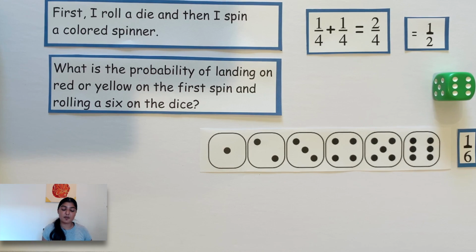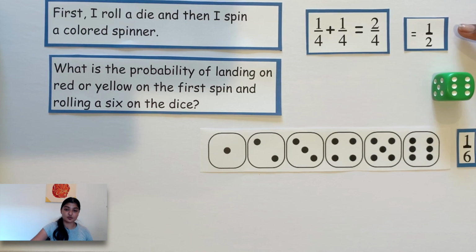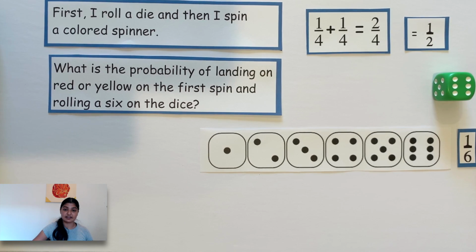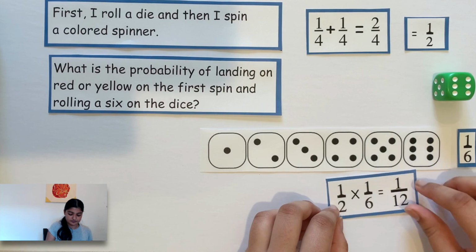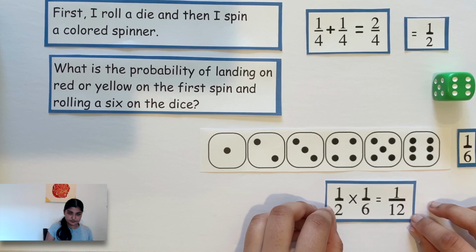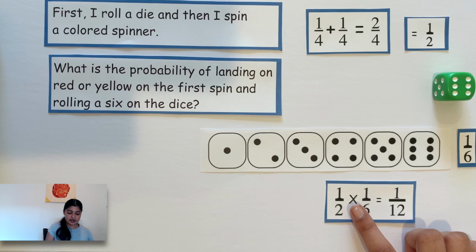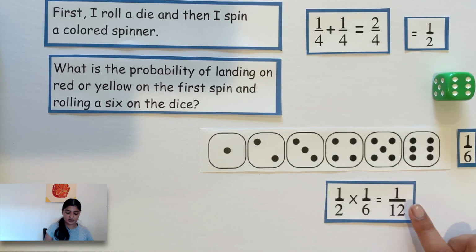Now that we found the probability of landing on red or yellow on our spinner, and the probability of rolling a 6 on our dice, we can multiply these two to get the total probability. We can multiply 1/2 times 1/6 to get a total of 1/12, which is the answer to our question.